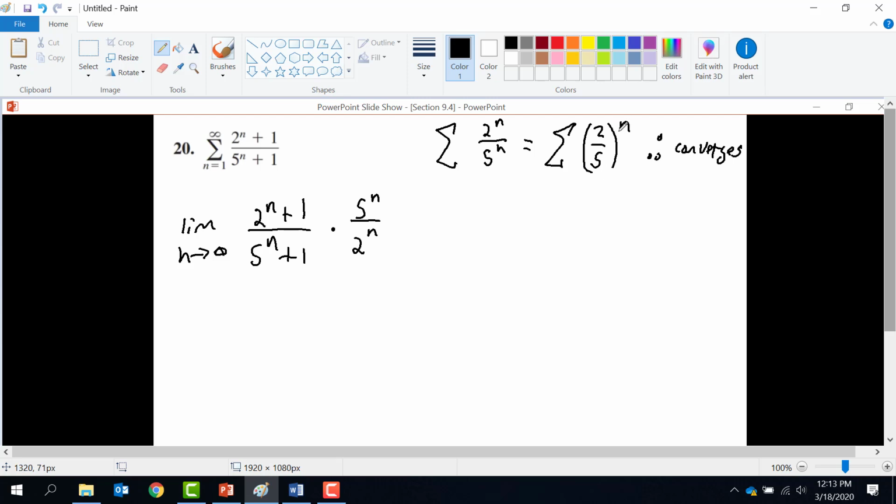Writing it in the form (2/5) to the n was going to make things more difficult. So for the comparison, it's going to be better to use this fraction form right here.